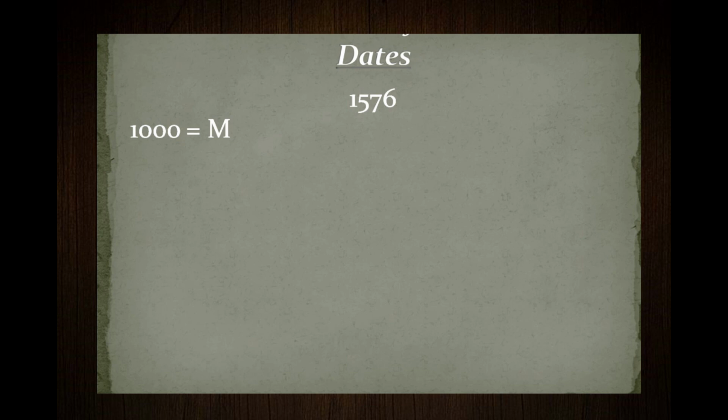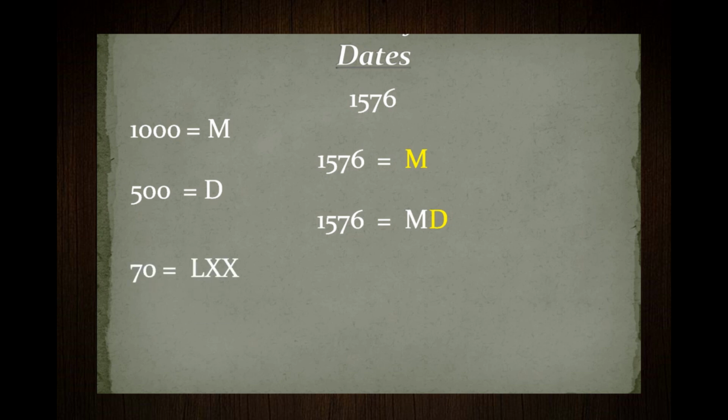The first digit is a 1 for 1,000, which is M in Roman numerals. So M is the first part. The 5 stands for 500. That's the second one, which is a D in Roman numerals. So now we're up to MD for 1500, basically. Now we want the 70 part. The 7 is the third one. And again, 70 is LXX, 50 plus 10 plus 10.